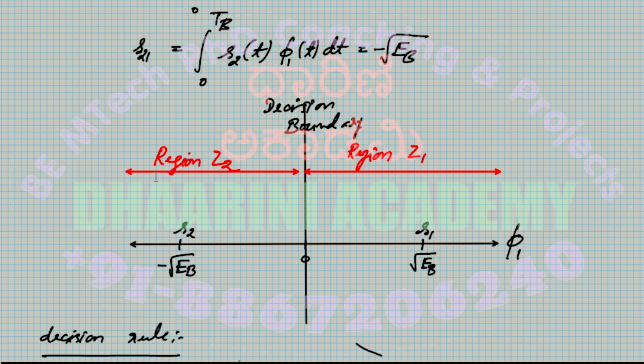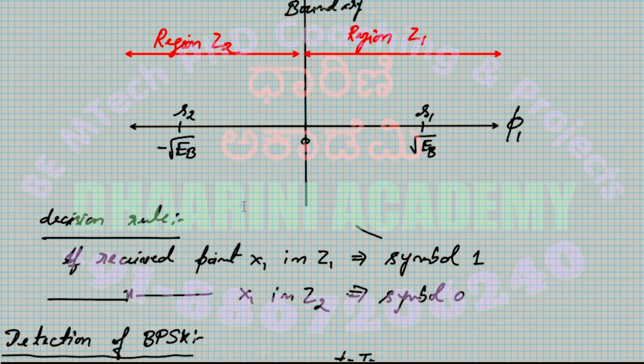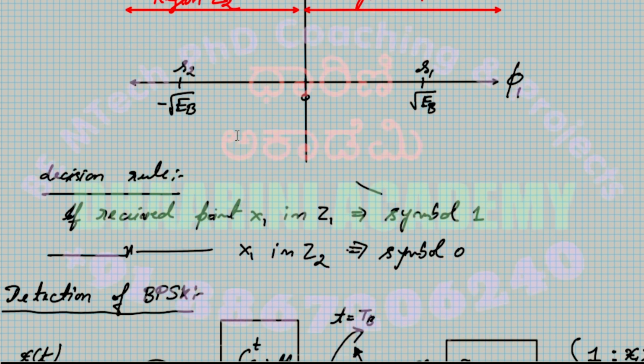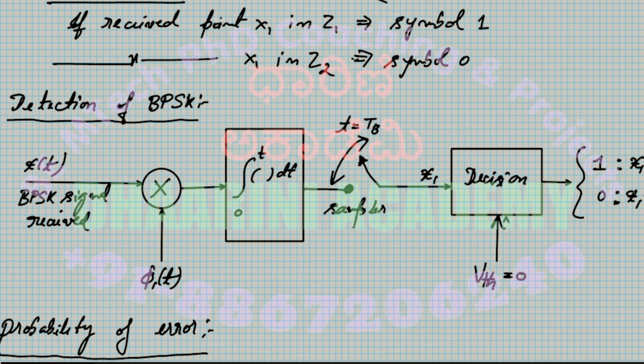So at the center, which is at 0, you can place the decision boundary. Let's assume x1 is the received value. If x1 is in the right side region, that is region Z1, you call it symbol 1. If it lies on the left-hand side, you call it symbol 0. According to that, we designed this receiver. You receive x of t, multiply by phi of t and integrate.